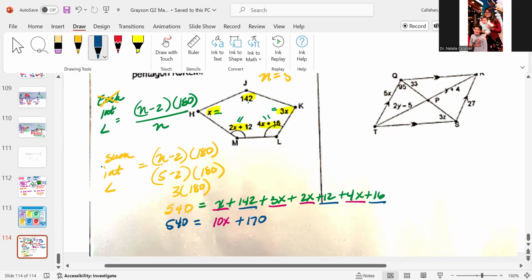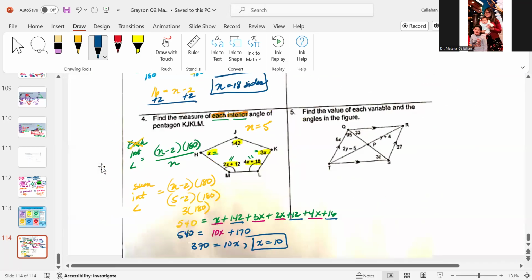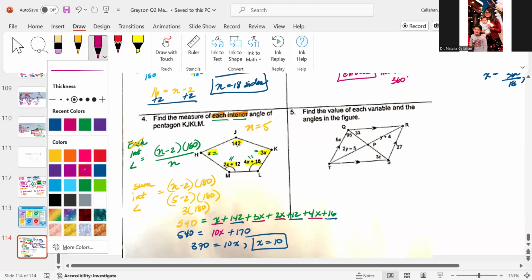And then 170. Good. Once you find x, you need to go back and find each of the interior angles.